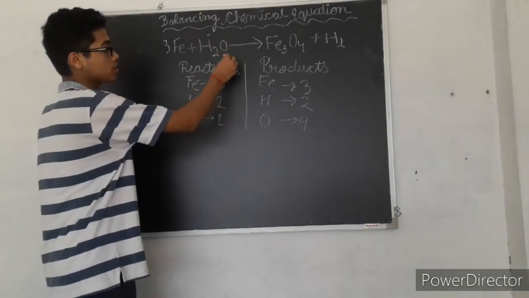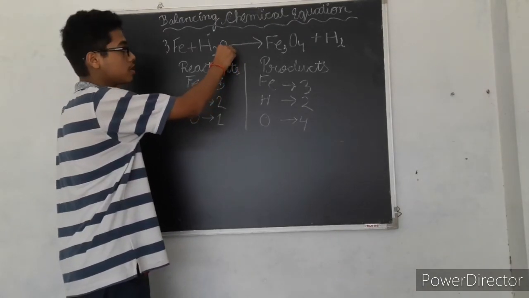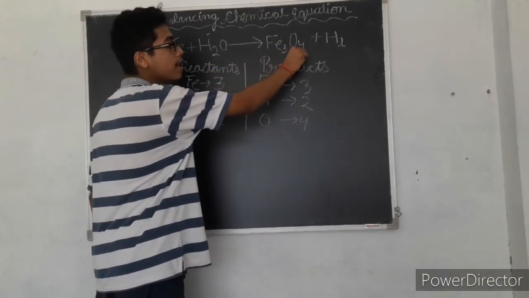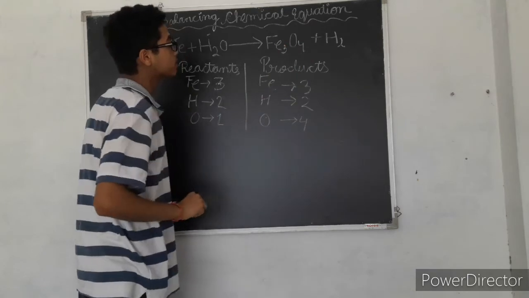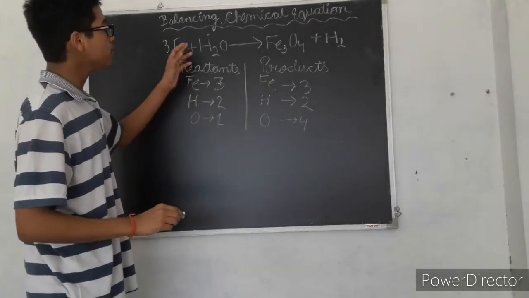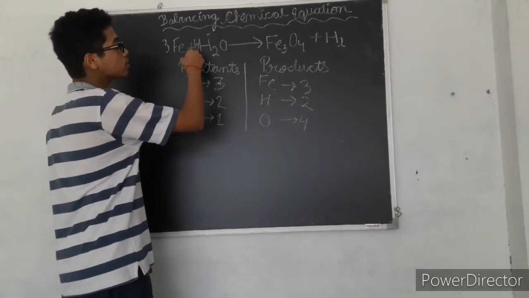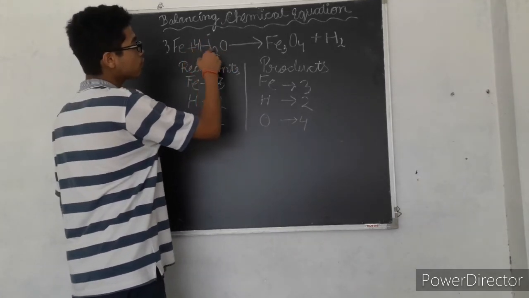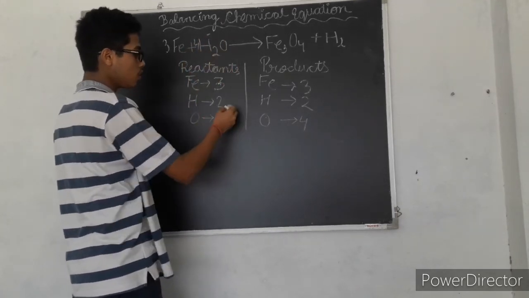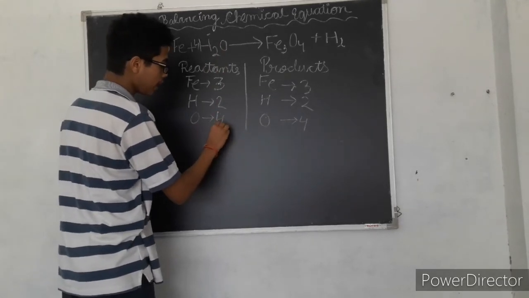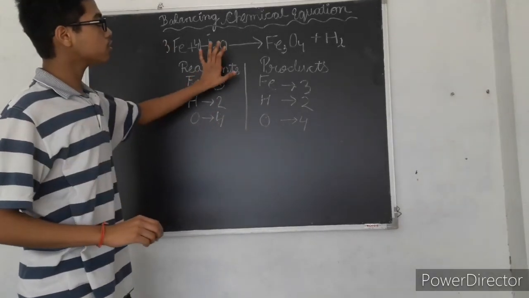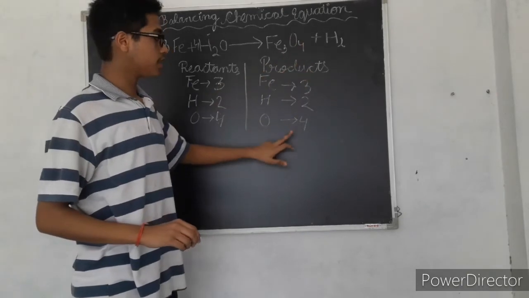Now let us see oxygen. 1 atom of oxygen is on the reactant side and 4 atoms of oxygen on the product side. So we will multiply by 4. If we write 4 here, 4 ones are 4. Now it will become 4 atoms of oxygen here and 4 atoms of oxygen here also.